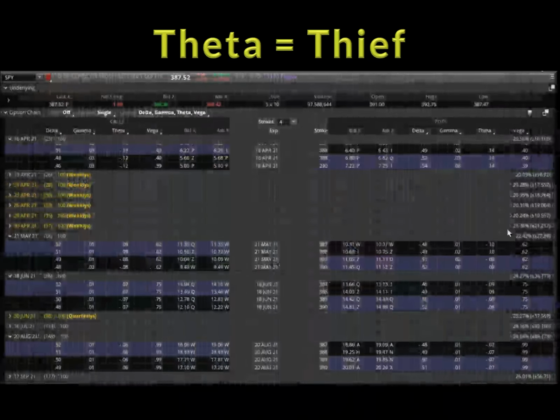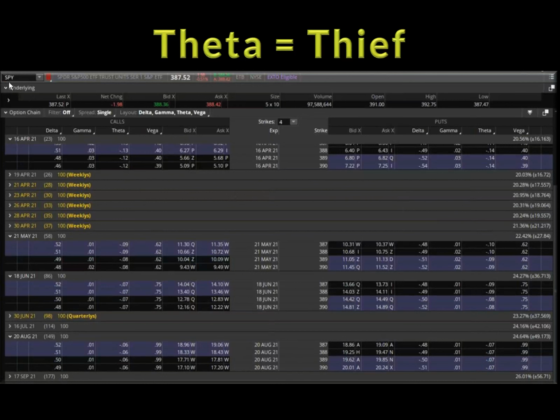And if you don't want to look at it on a chart, we can look at it on something like the SPY, just as an example. Inside of like 23 days to expiration, you can see that the theta is 12 cents a night. Outside of 50 days, 9 cents. Outside of like 70 days, only 7 cents. So if we were looking at expensive premiums, we know we want to sell, right?